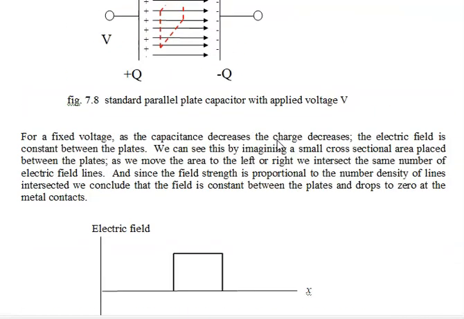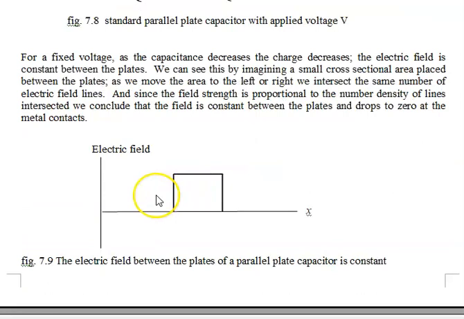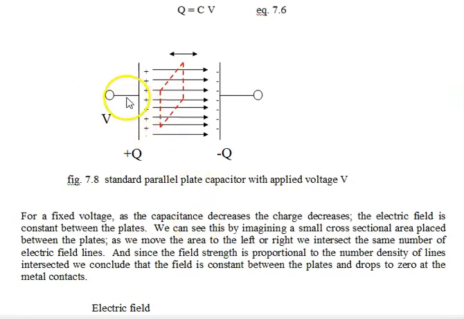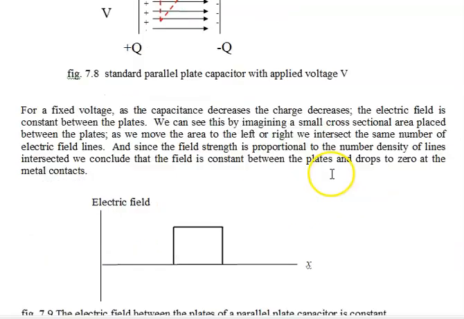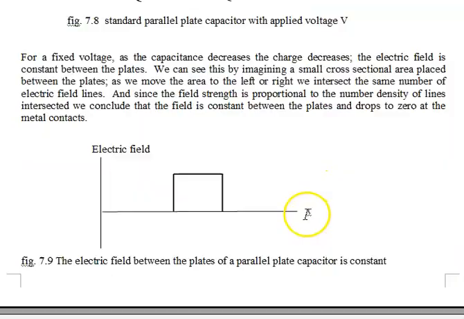Now, this figure here just shows the electrical field. It's 0 outside of the capacitor on the left, it's 0 outside the capacitor on the right, and in the middle it is constant, and that's all this shows here.